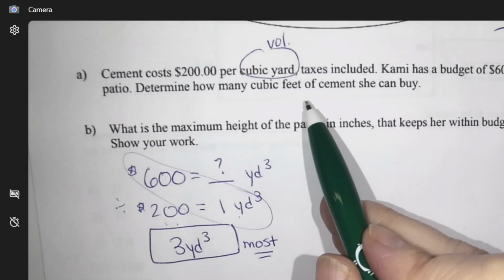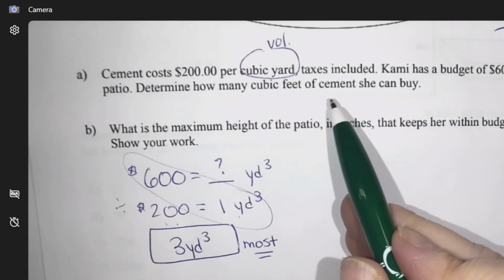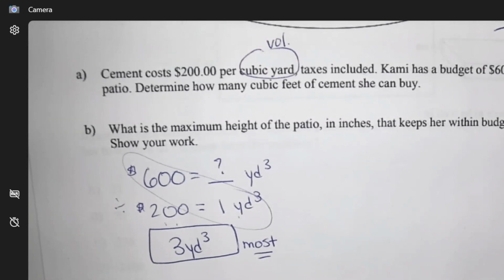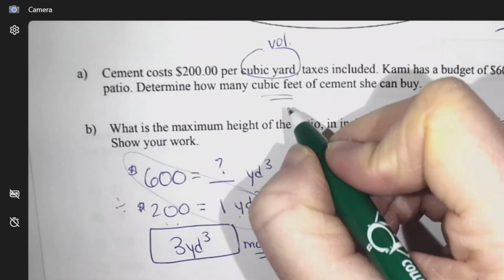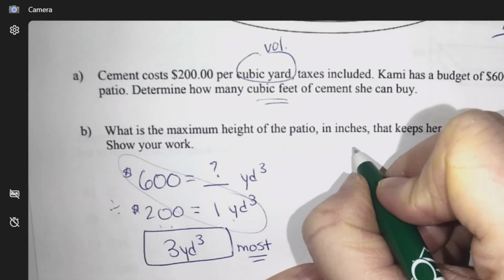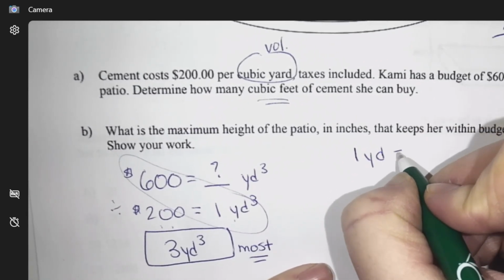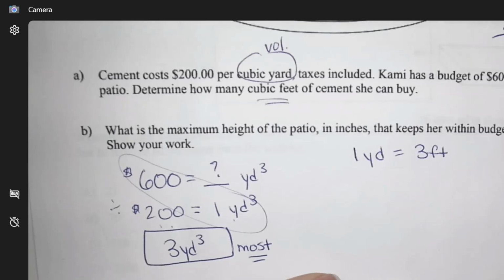Determine how many cubic feet she can buy. Okay, so let's talk about going from the feet to the yard thing. What do I know? 1 yard is 3 feet.